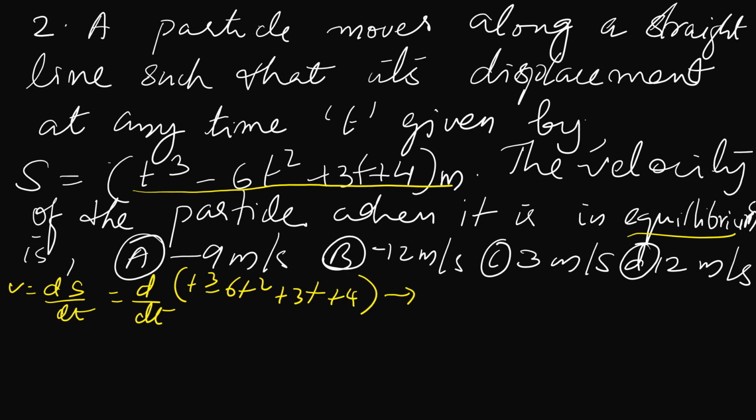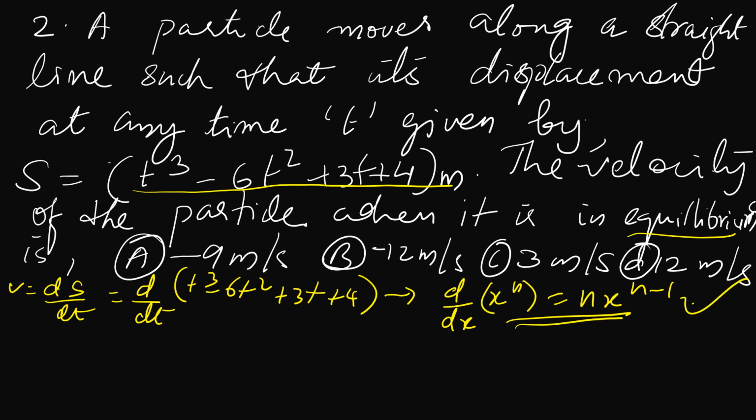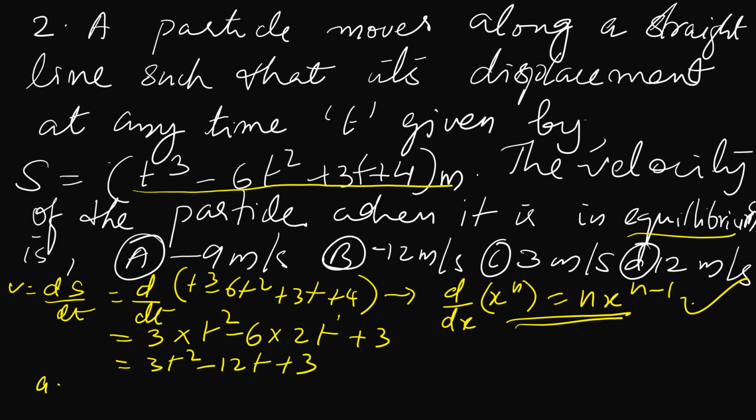This is of the general form d by dx of x raised to n equals n x raised to n minus 1. We can apply this here, so that it is 3t square minus 12t plus 3.